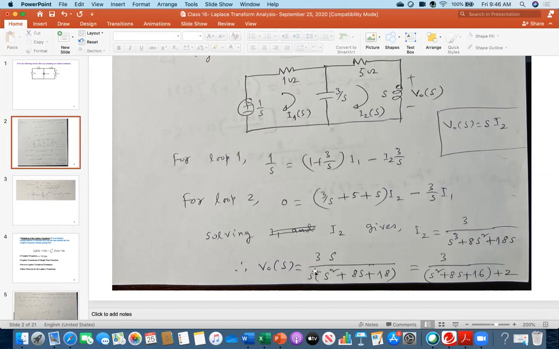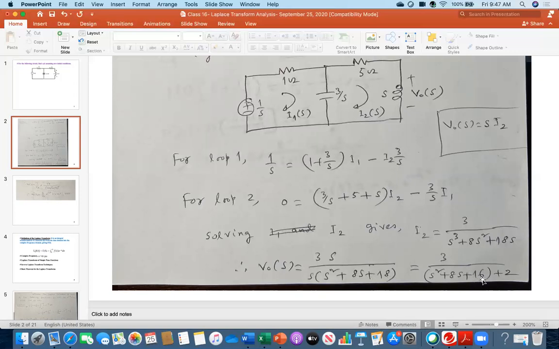By looking at the format, you have to guess, you have to think how I can represent it. What can be my inverse Laplace? Therefore, everybody see in the next line what I am doing. This S is cancelled, in the numerator only 3. But in the denominator, I am looking there is a pattern like S square plus 8S plus 16.